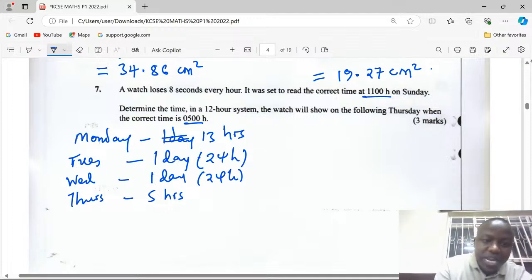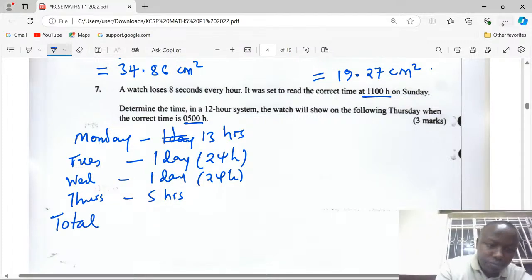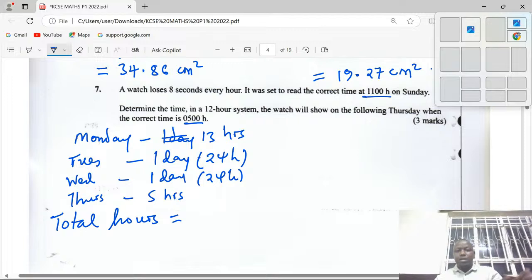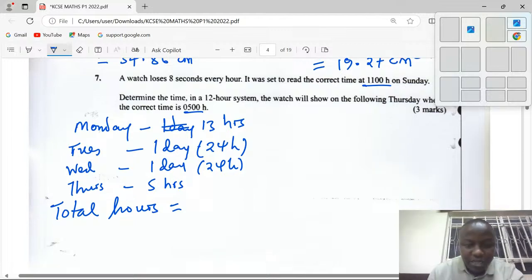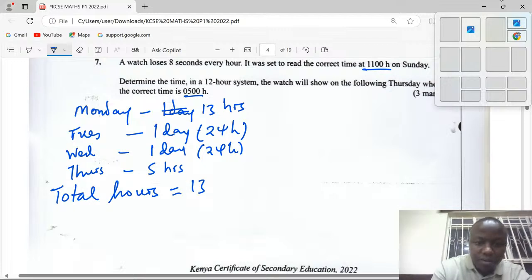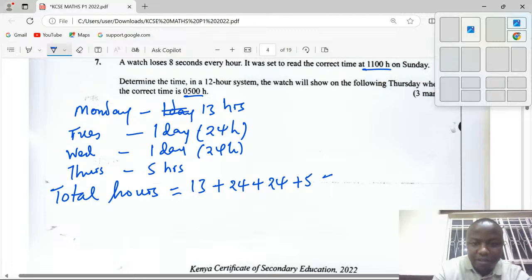So we can get the total hours between 11:00 Sunday up to the following Thursday. So that means we need 13 plus 24 plus 24 plus now 5.